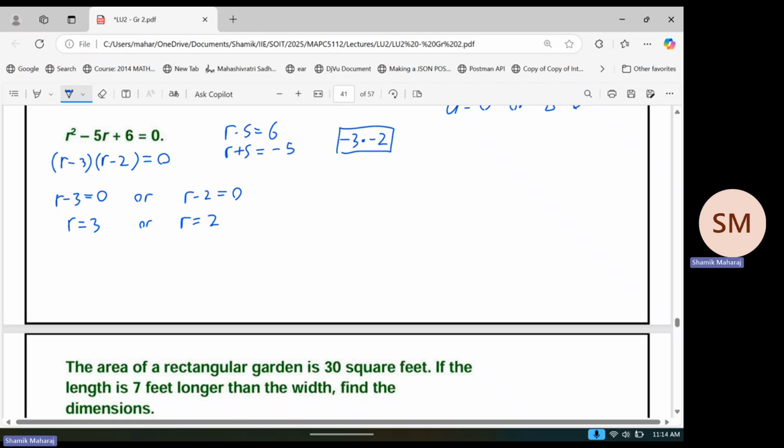Okay, once you factor, firstly, does anyone have any problems with the factors? Yes.